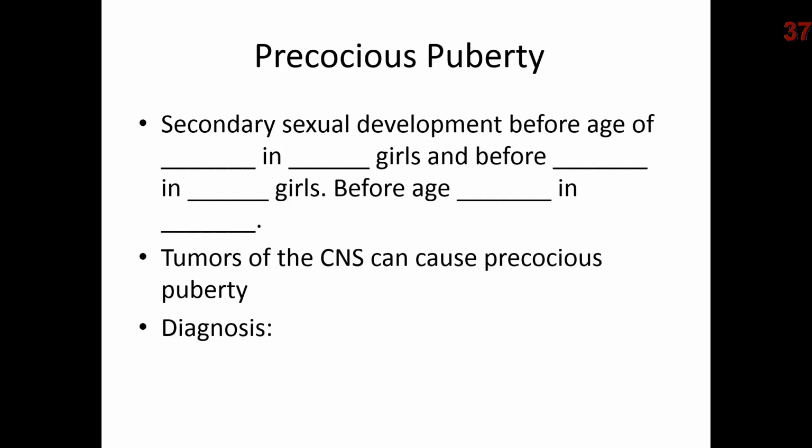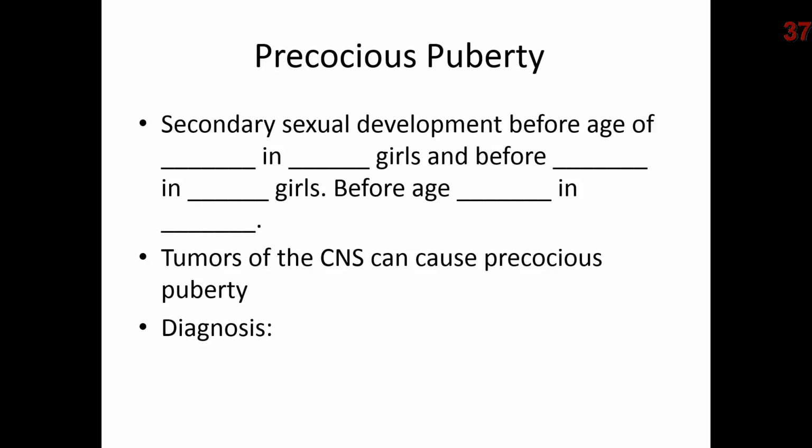One of the things that can cause that is a tumor of the central nervous system. There are other things that can cause that. It may be idiopathic. It may be caused by a gonadal, adrenal, or hypothalamic disorder, but often a benign or malignant tumor can also cause it. And that's usually more seen in the boys, the tumors.